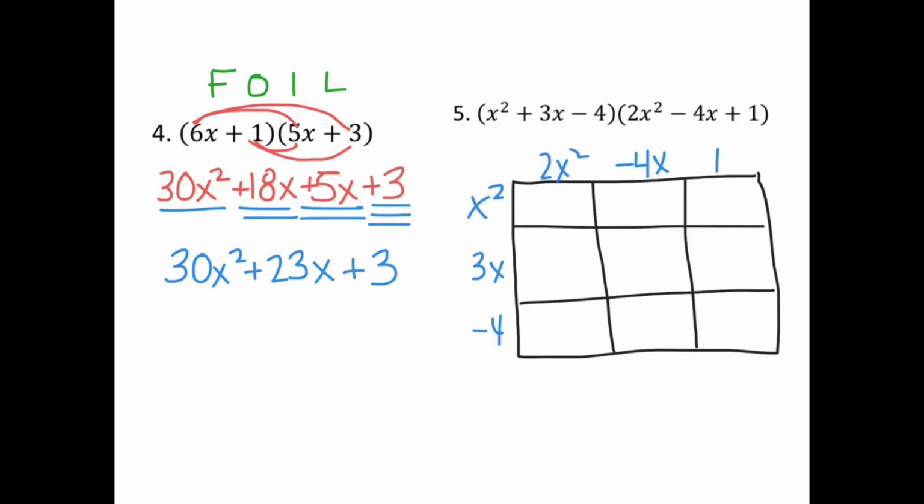Number 5 here, I have a trinomial times a trinomial, though I am certainly allowed to just go forward into my distribution, which if you are comfortable with that, you are welcome to do so. I'm going to use the box method just to organize my work because I have found that most students prefer that. So I'm going to go ahead and fill in my boxes using my matrix multiplication methods.